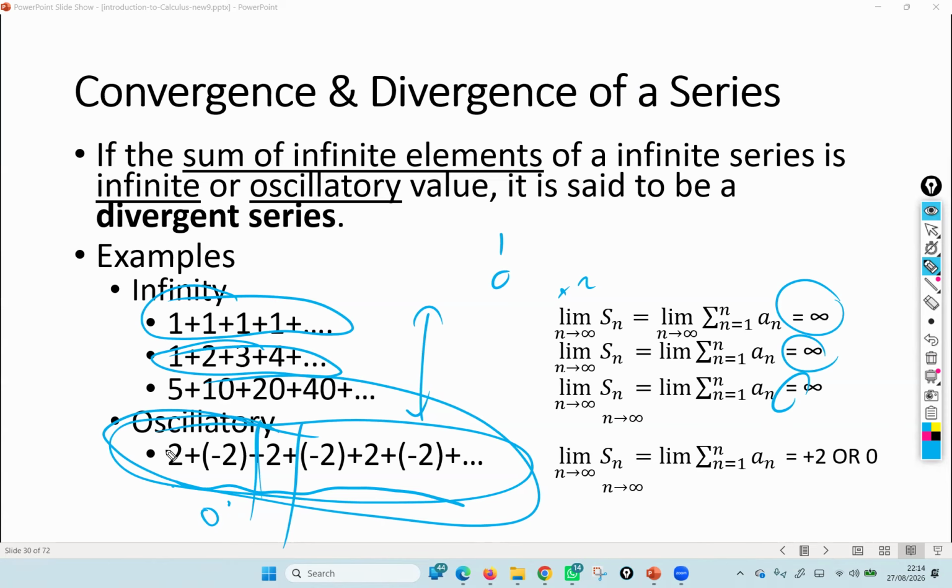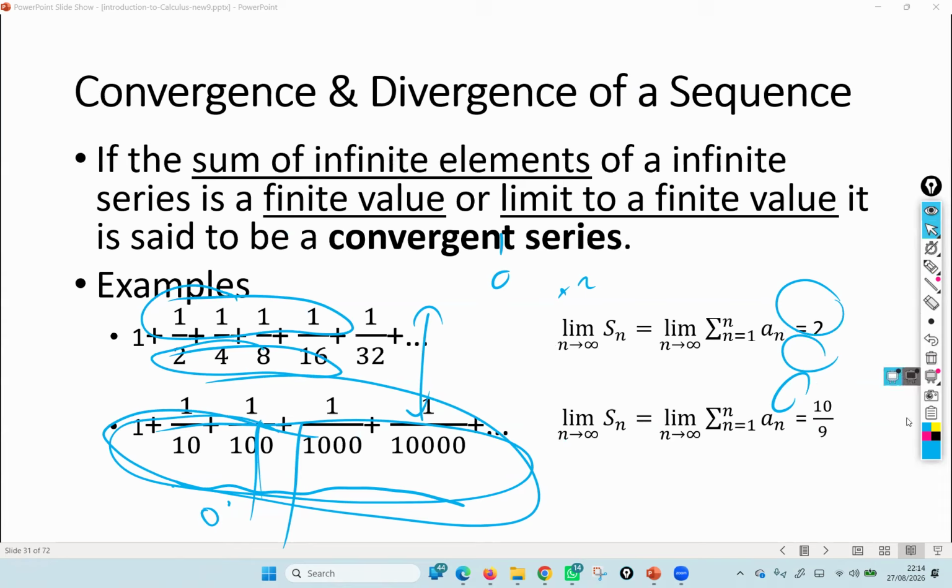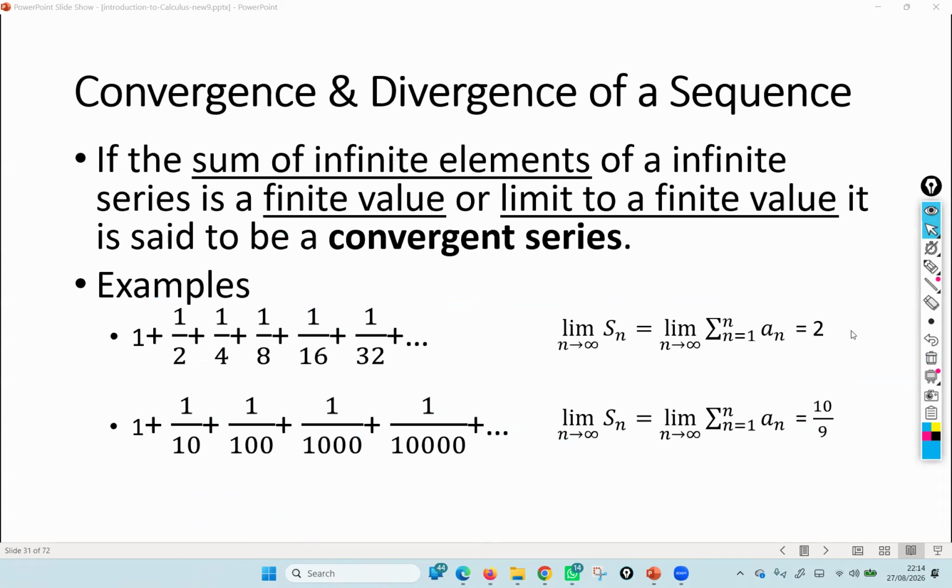So let's look at that kind of interesting scenario now. This is such a scenario. This is a convergent sequence, because it's getting closer and closer to zero. This is 0.5, this is 0.25, and so on.